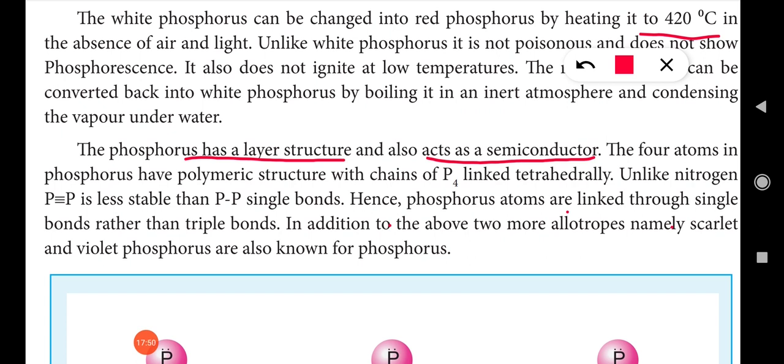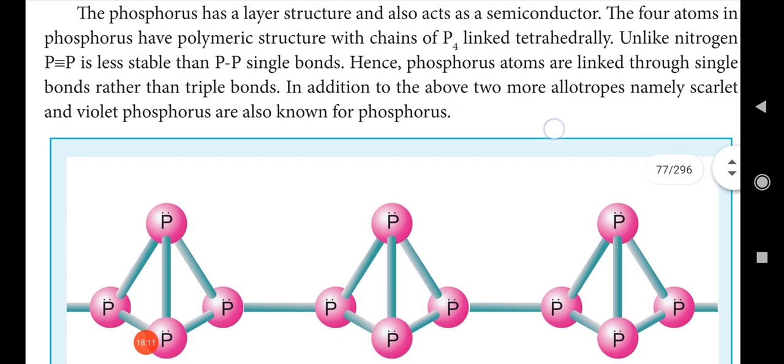The 4 atoms in phosphorus have a polymeric structure. Phosphorus is a polyatomic molecule, P4, as we have already studied. So it means it exists as 4 atoms. With chains of P4 linked tetrahedrally, it has a tetrahedral structure and will exist in polymeric form like this.